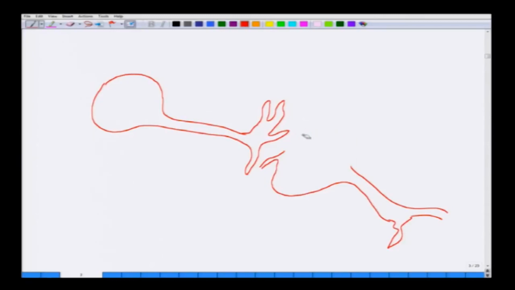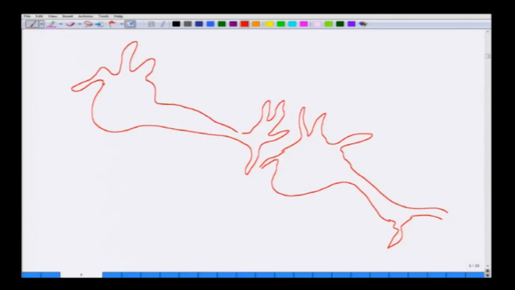These are the dendritic processes, and of course, this one also will have a whole range of dendritic processes, and so on and so forth. Fine. So, now this one is neuron 1, this one is neuron 2. Now, this neuron is sending an electrical impulse, and assume that this neuron is receiving the electrical impulse.